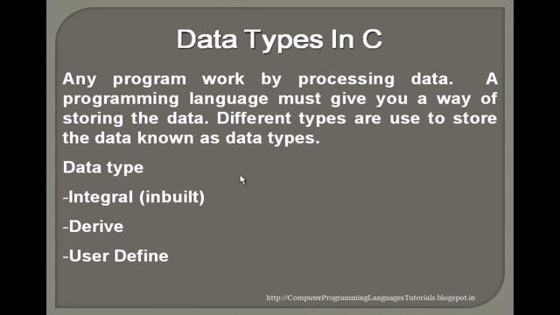If you want to store all these things in memory, then it must need a different memory space. Therefore your data is stored in different types. What are the types? The first type is integral, then derived and user defined. We will discuss it as per requirement.